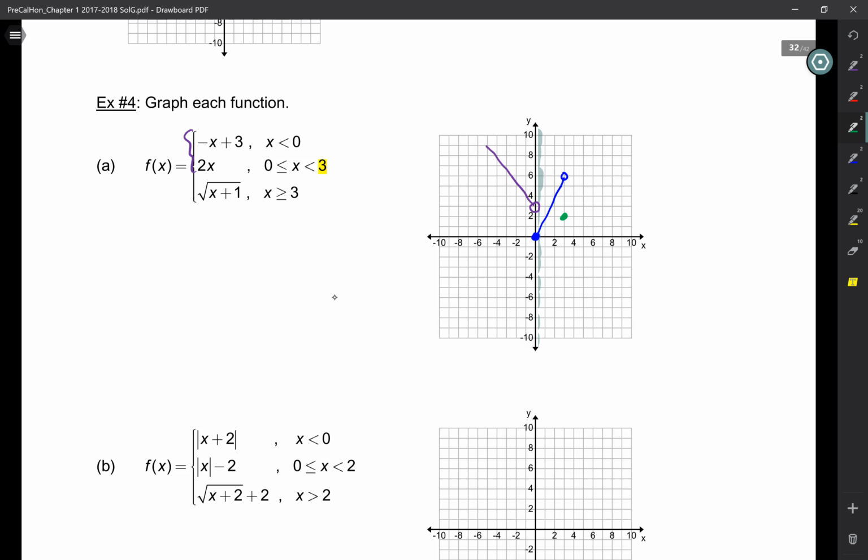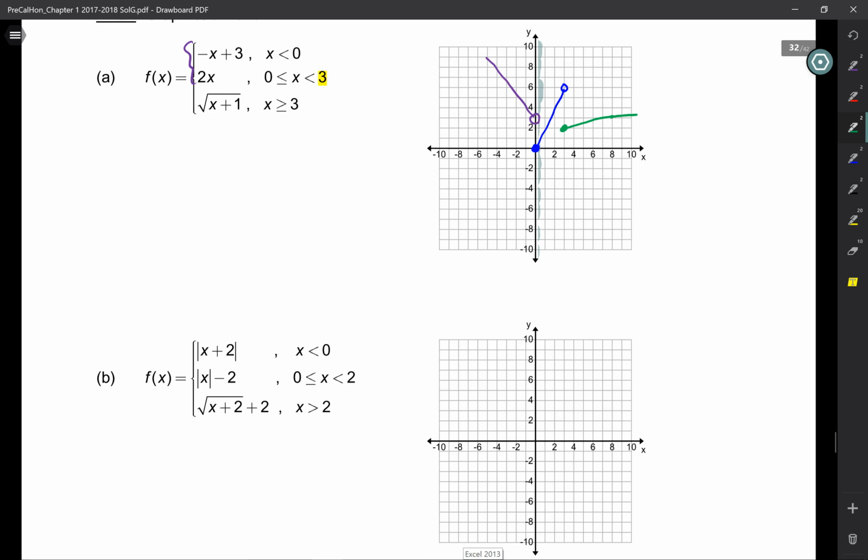And then what else? 8 would equal 3. Good. That's what you call smooth. It's 8 plus 1. So he just plugged in a number that would give you a perfect root, a perfect square.